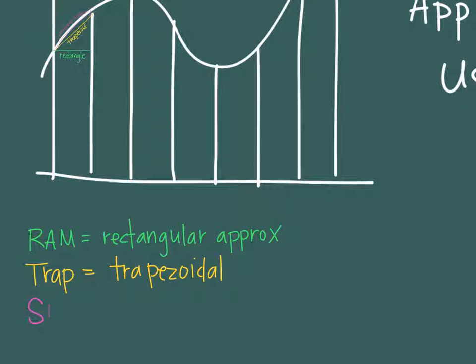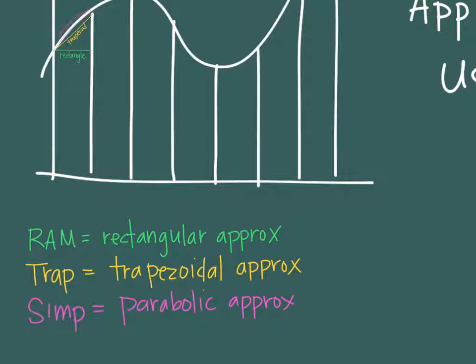And then there's simp on your calculator, which is parabolic approximation. RAM and trap, you probably will have to do by hand at least once with a small finite number. Simpson's, you won't usually ever have to do by hand. You'll be able to calculate that using the program.